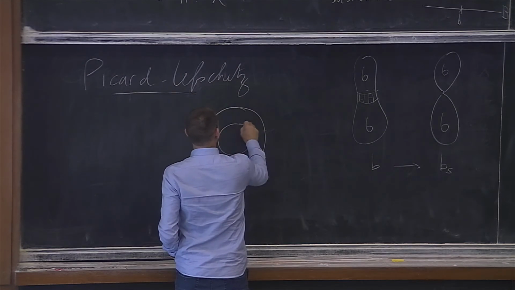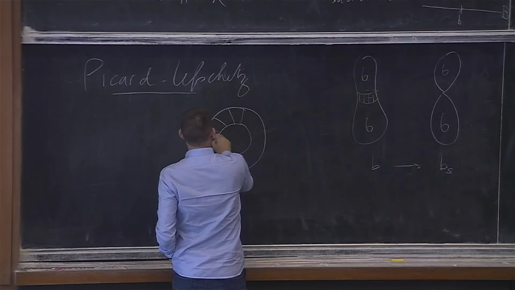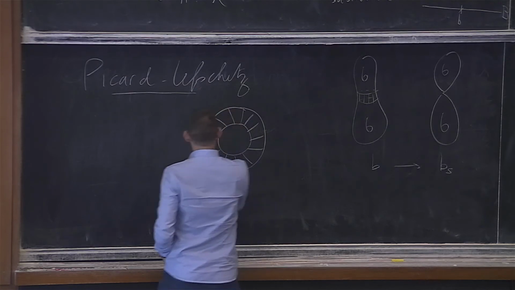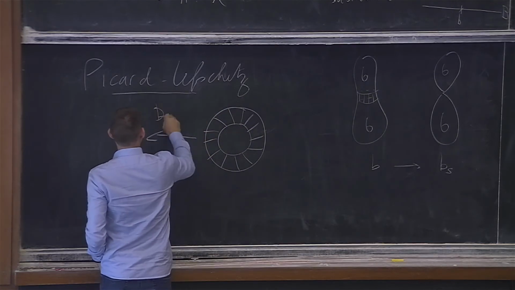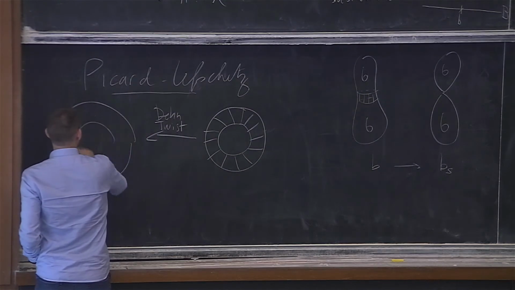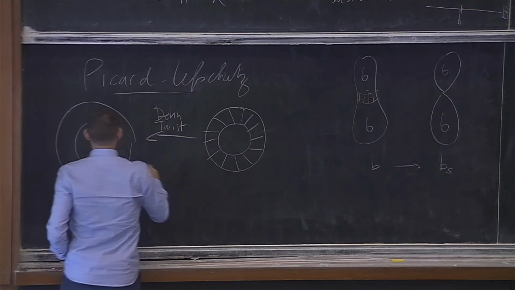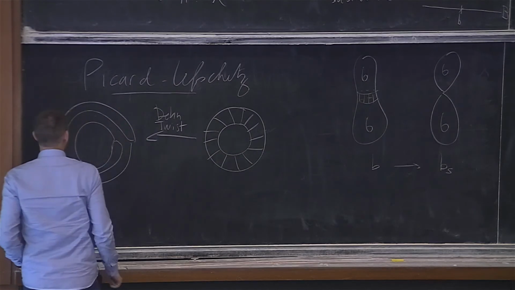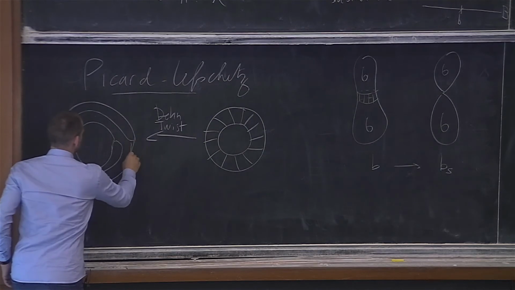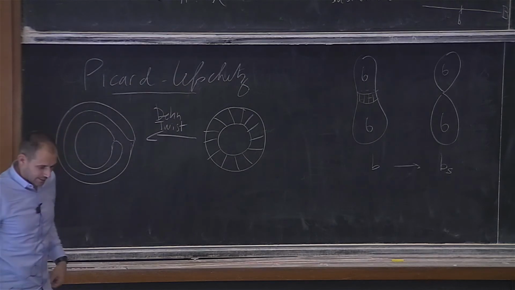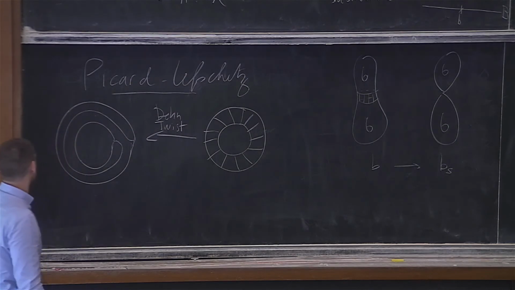So I am going to represent my annulus like this in the plane. What is the Dehn twist going to do? It is going to map these curves here to the curve turning around here, going once around and getting out from the annulus in the same position as before.